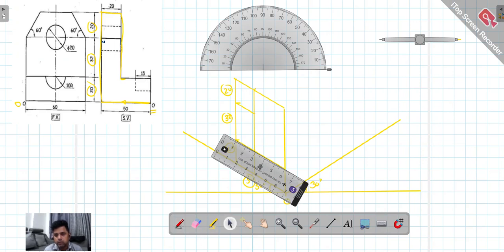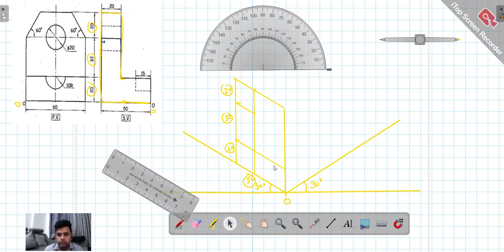Okay. So you can see that this is 20, from here to here 20 you automatically got. This 20 is nothing but this 20. Okay. So this is your left hand side view, which looks like an L shape.